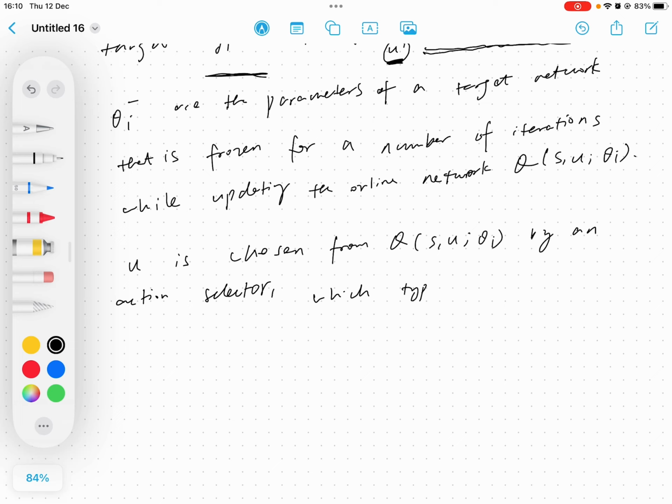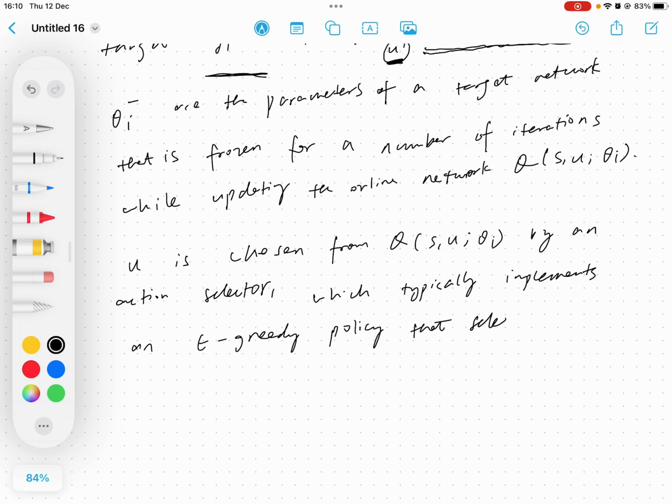The action selector typically implements an epsilon greedy policy, which is essentially the essence of explore and exploit, right?